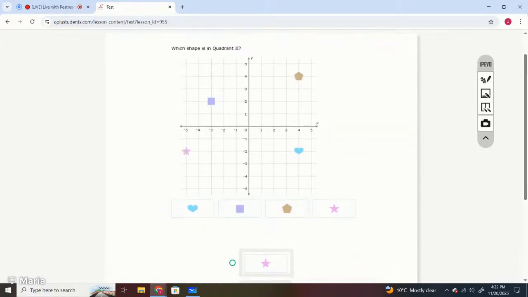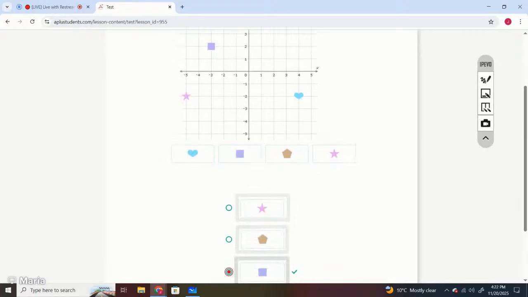Which shape is in quadrant 2? This is the first quadrant and this is the second quadrant. So in the second quadrant we have a square.